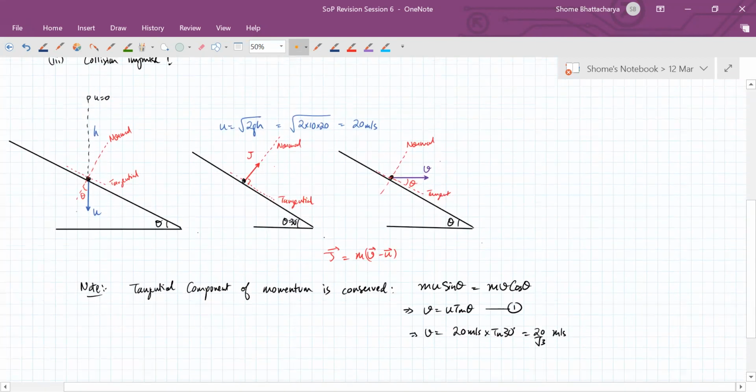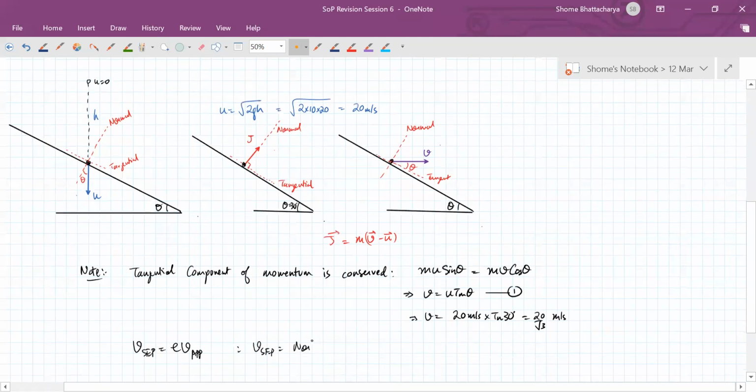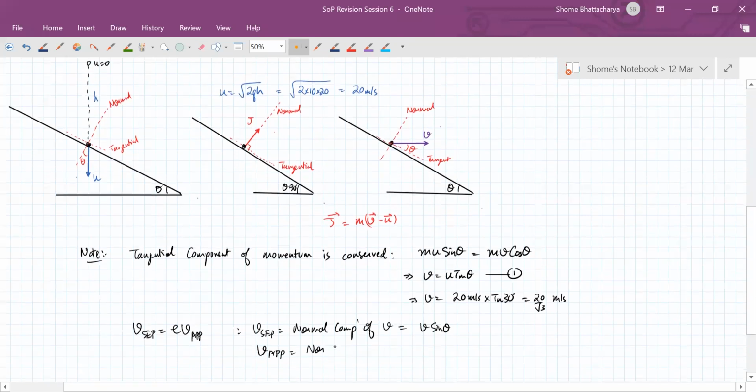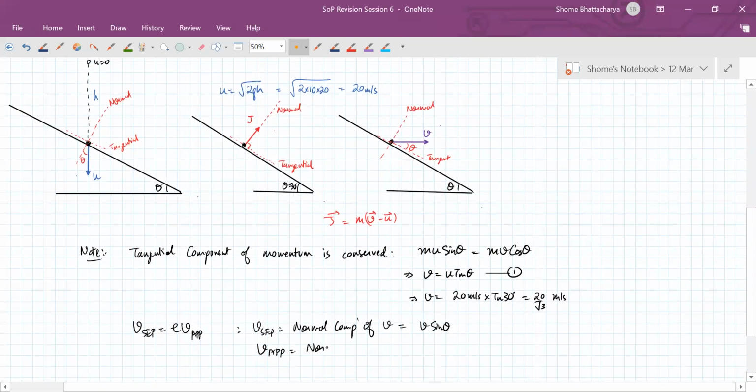Now the second thing is that separation velocity should be equal to coefficient of restitution times approach velocity. Separation velocity is the normal component of v, that is v sin theta, and approach velocity is similarly the normal component of u, which is nothing but u cos theta in the diagram.